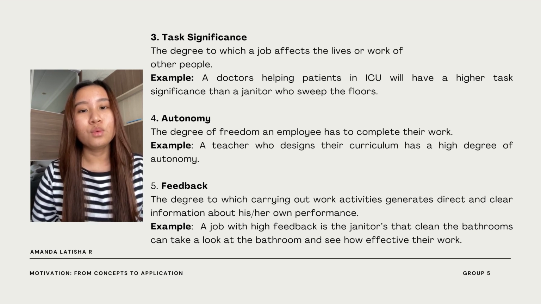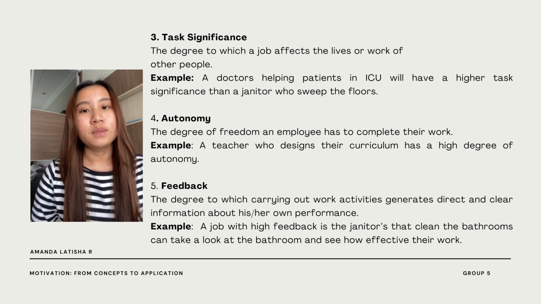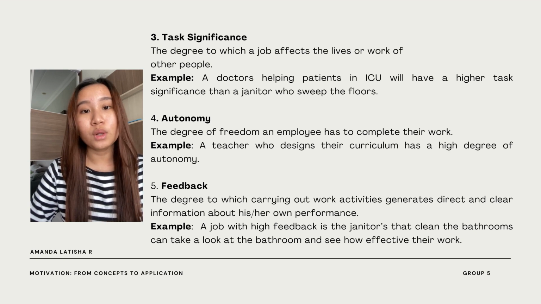While someone who works on a manufacturing line will have a low level of feedback, because they may not know how effective they were at their job until the quality assurance people step in and check their work.